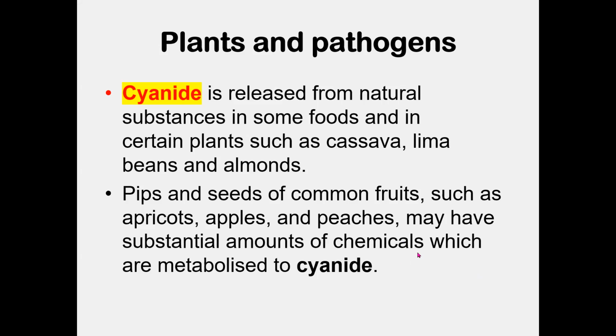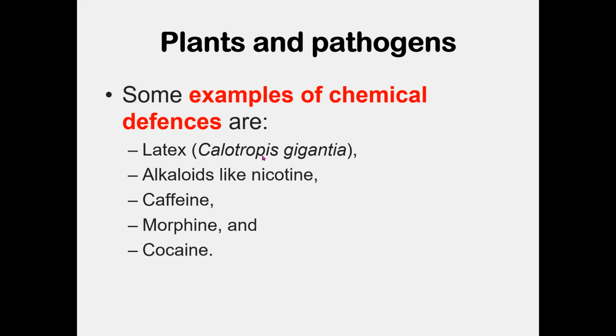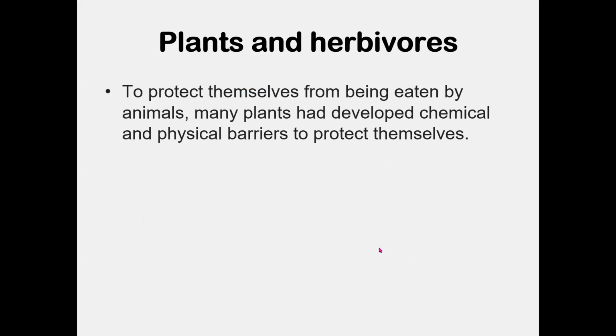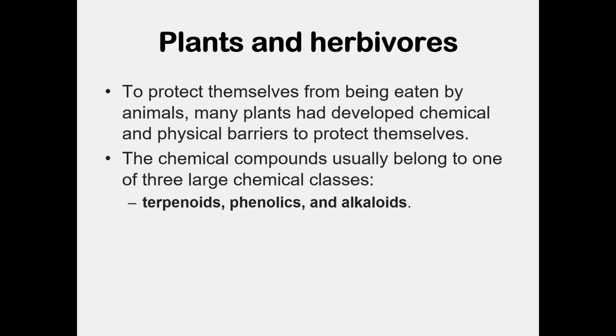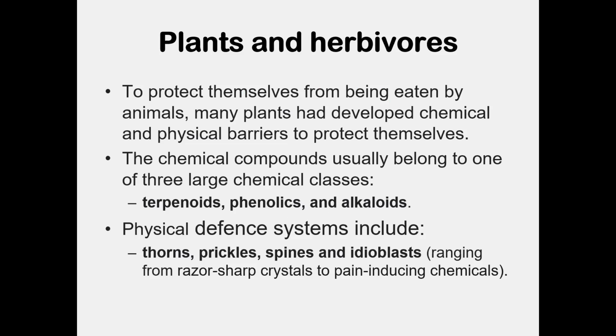Okay, so I mentioned the pips. Other chemicals, latex, alkaloids like nicotine, caffeine, morphine, cocaine, are all produced by plants to protect themselves. There are also other compounds that have other mechanisms. There are many of these chemicals; I just listed a few.